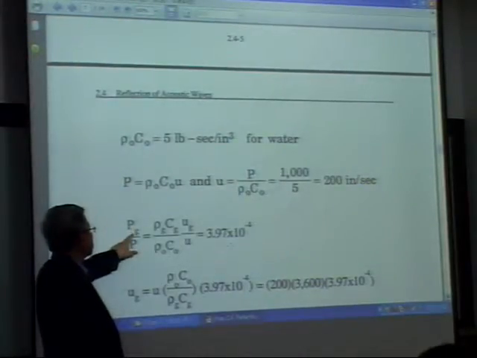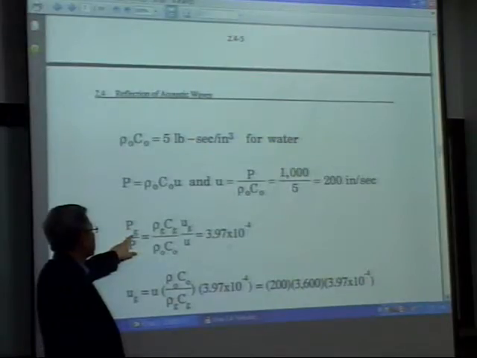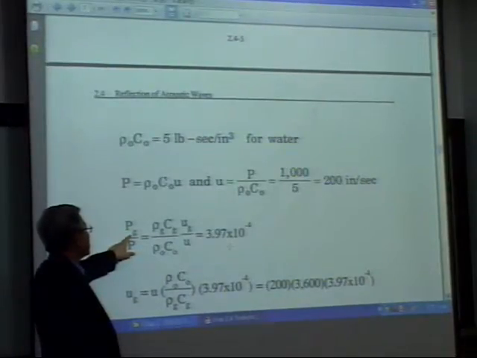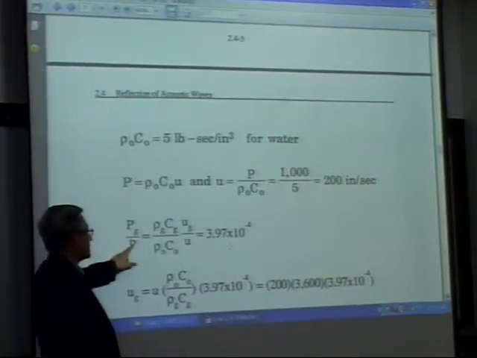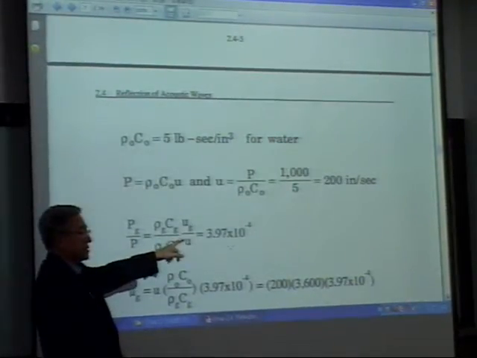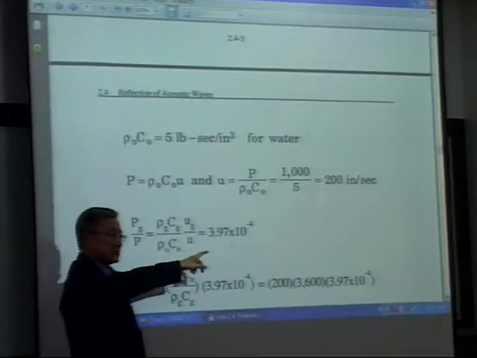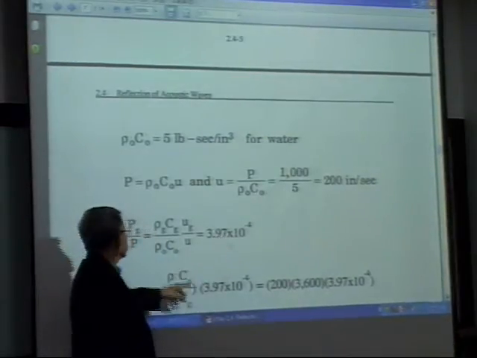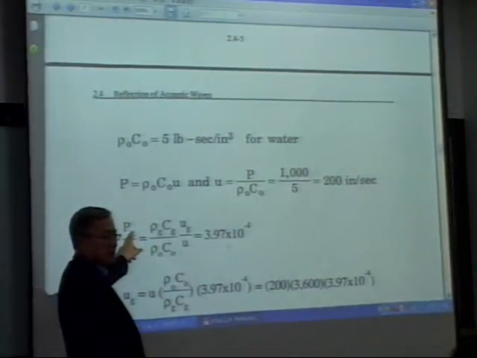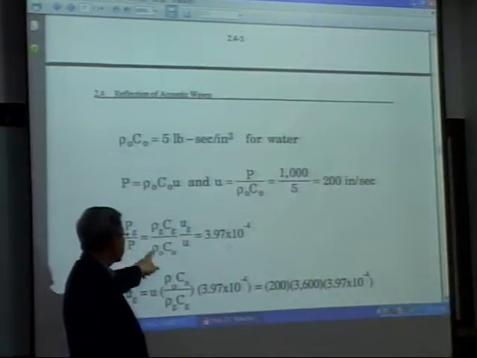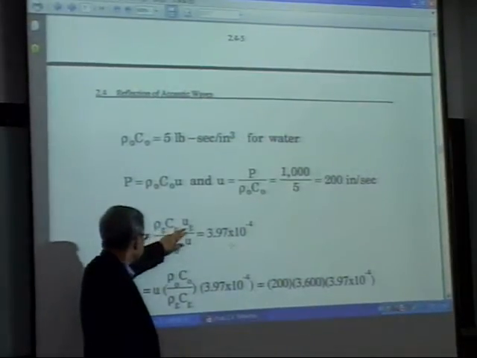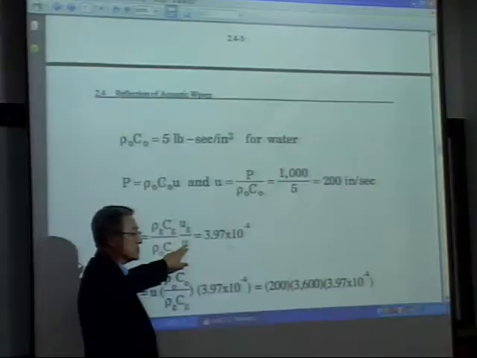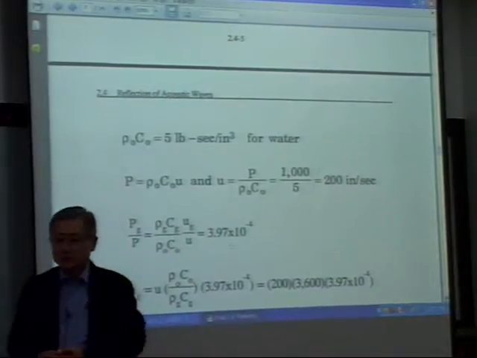PG is 0.397. So divided by 1000, then you got that, right? You know this, we calculated. And you know that. Then you can compute the UG. We know the U, which is 2000.